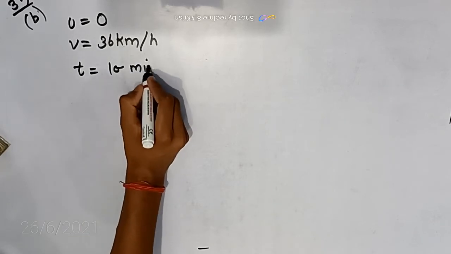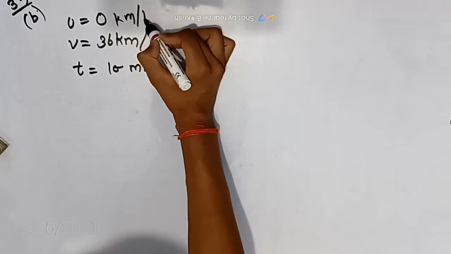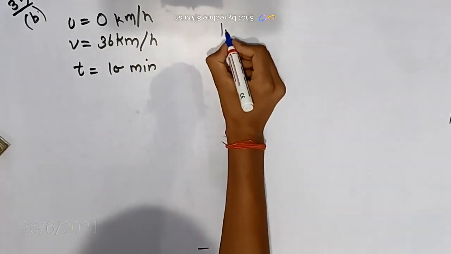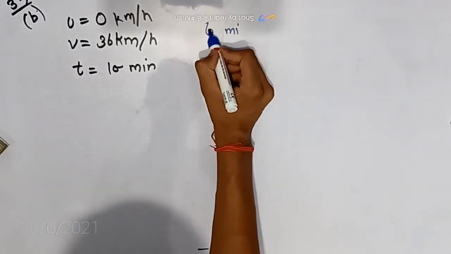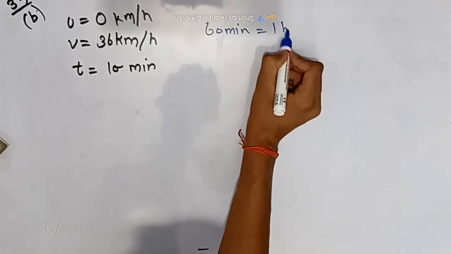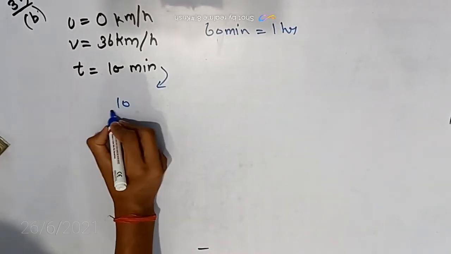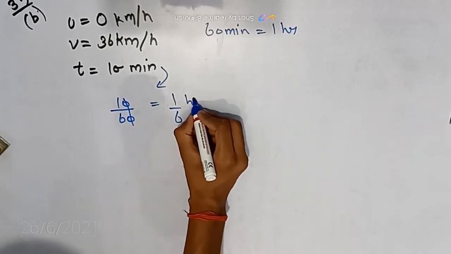So we will convert this time into hours. 60 minutes equals 1 hour, so we will divide 10 by 60. So 1 upon 6, means 1 upon 6 hour.